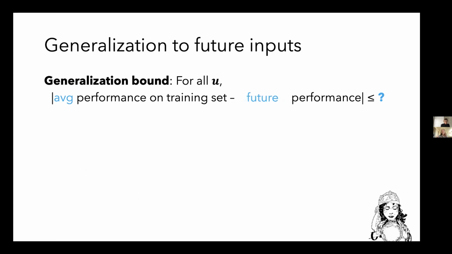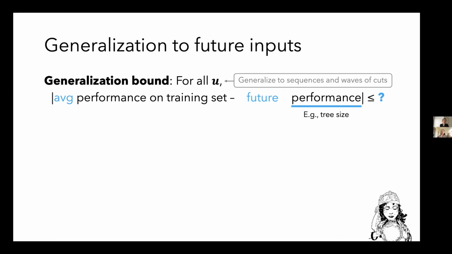Or again, in other words, its future performance on future integer programs from the same application. And again, you can think of performance, for example, as tree size. And I want to mention that for simplicity, I'm framing this question in terms of just applying a single CG cut at the root, but we also generalize to applying sequences and waves of cuts with only a polynomial increase in the resulting bound.